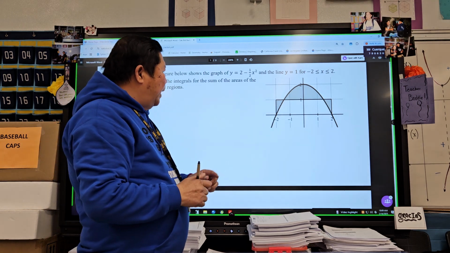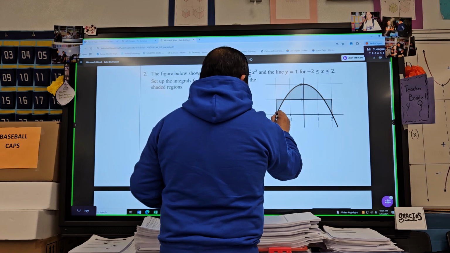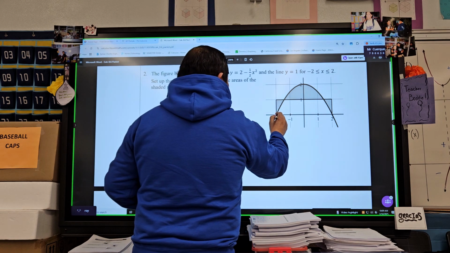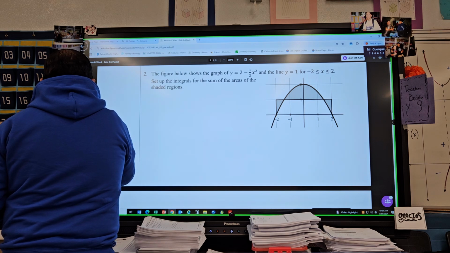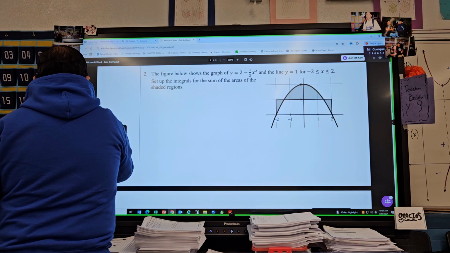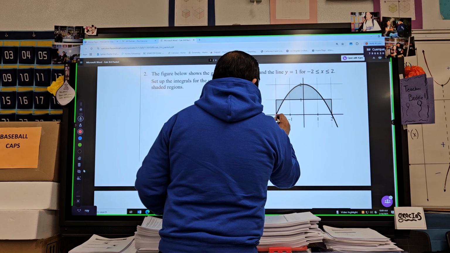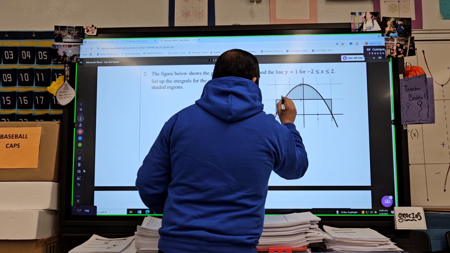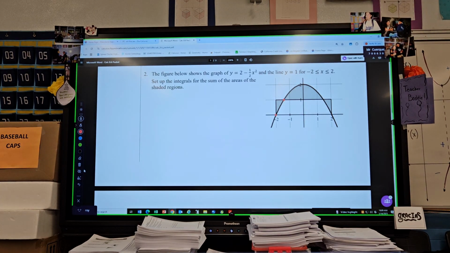Now, from here up to here, okay? What is our upper curve?